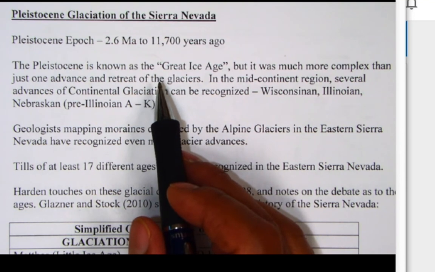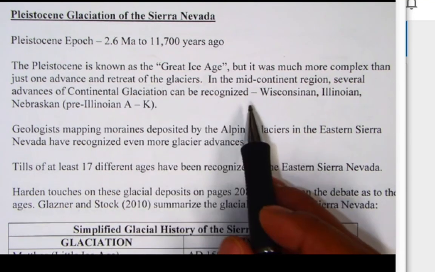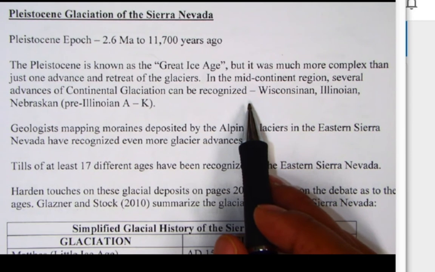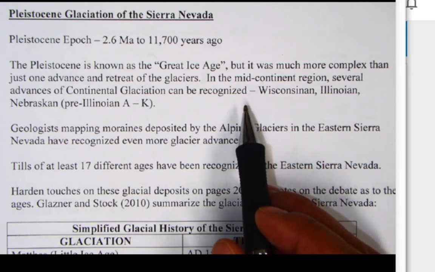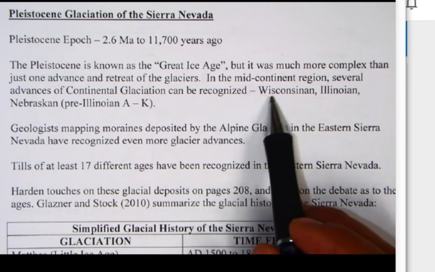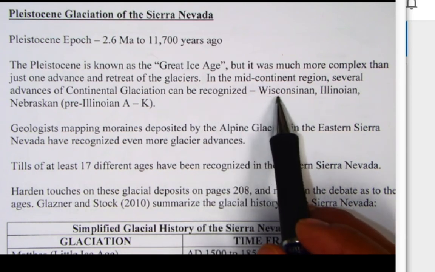In fact, in the continental region, the continental glacier that was over North America, there are four well-documented glaciations, and really there's more like 20 overall. The more recent one, about 20,000 years ago, is called the Wisconsin.